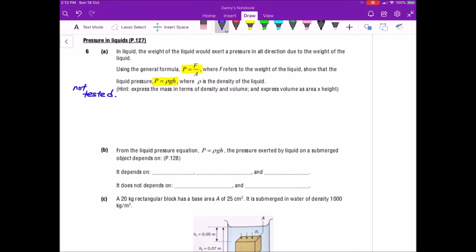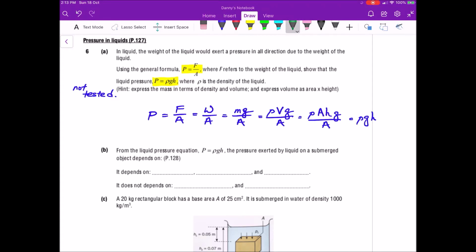So down here, I will just put down how it is developed so that you don't need to flip in your book. It is like this: W over A, W becomes mg, and then the m becomes density times volume, and then the volume becomes A h, so A h g over A. Finally it becomes rho g h.